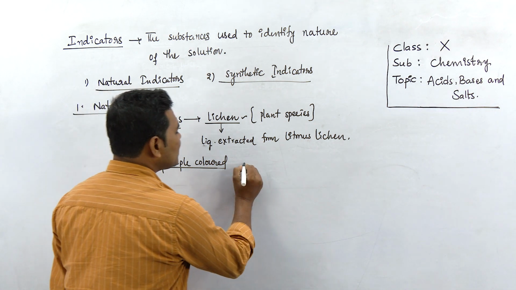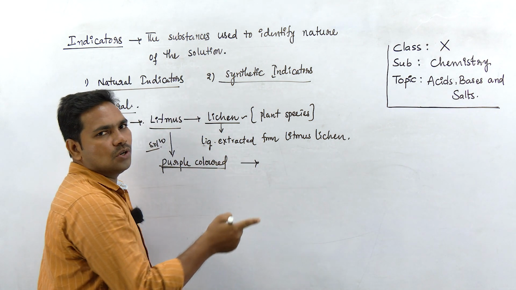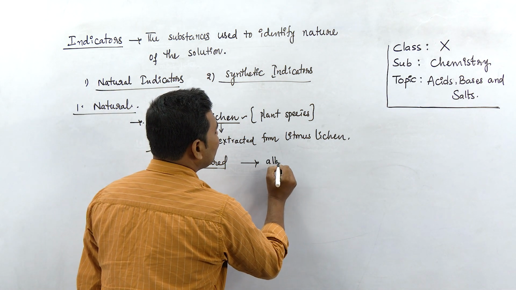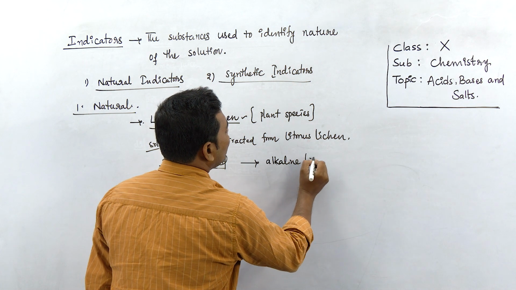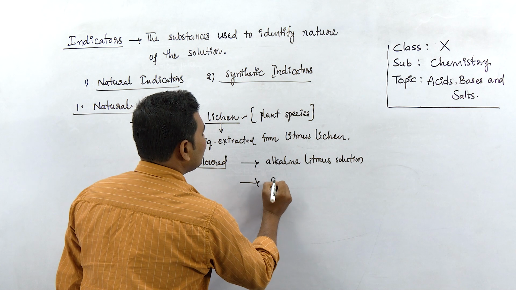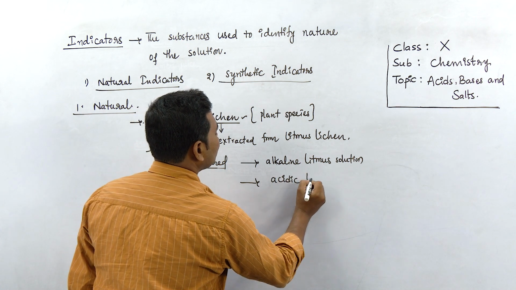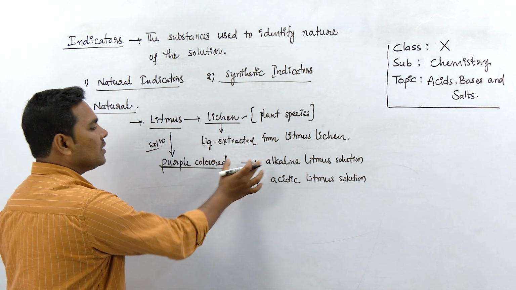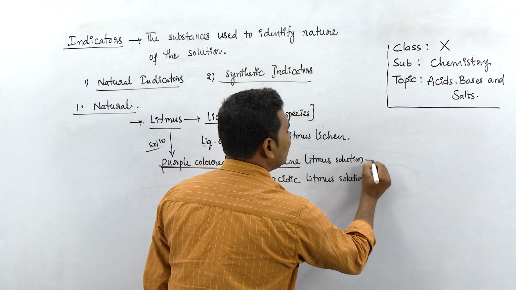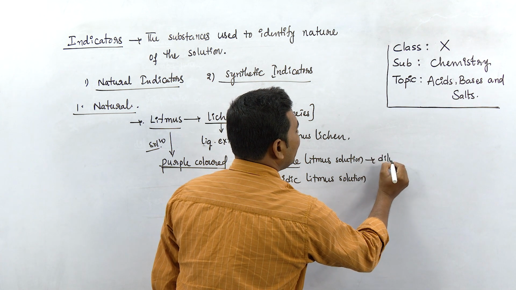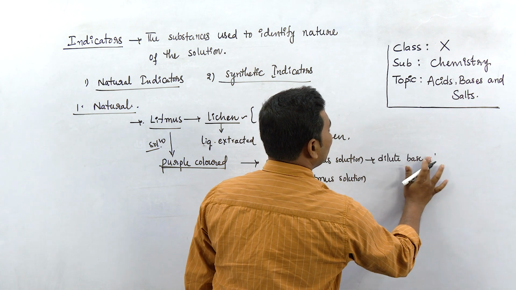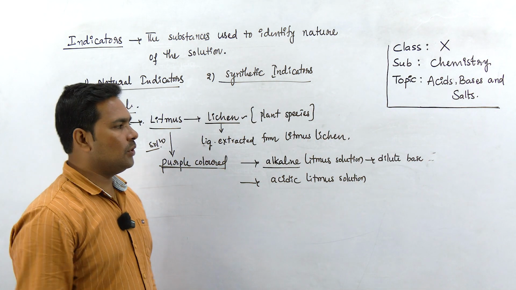Let us see. Litmus solution can be made into two different types. One is alkaline litmus solution, and the second one is acidic litmus solution. To the purple color litmus solution, a dilute alkali is added. Alkali is actually a base, so a dilute base is added to litmus in order to make an alkaline litmus solution.